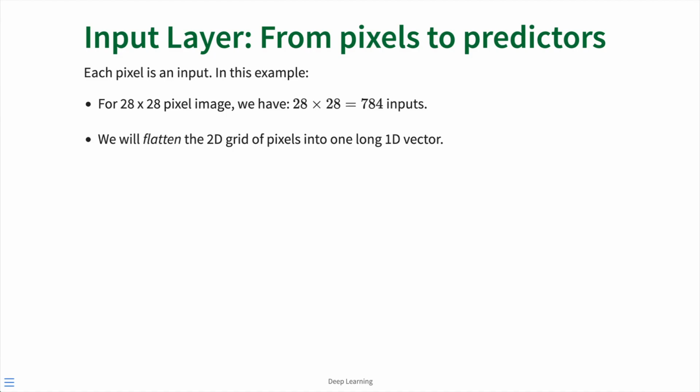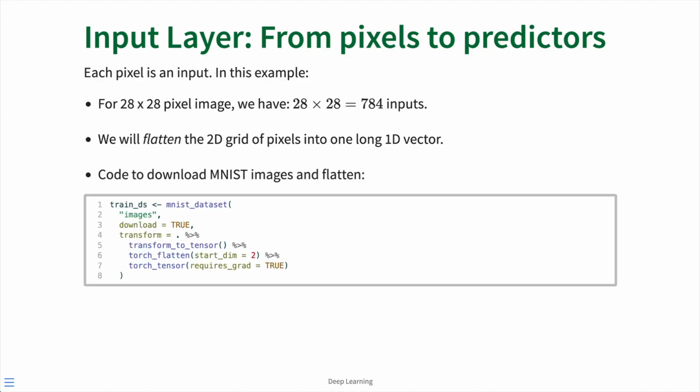Now, to make our lives simpler, we're going to flatten this two-dimensional grid of pixels into just one long column of numbers. So it's almost like converting it into a single row of a data frame. So here's some code that will do this with the torch package, and we're using a function here called mnist_dataset that comes with these packages that can load the MNIST data.